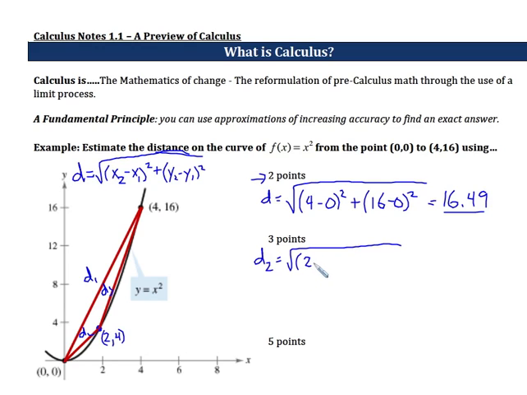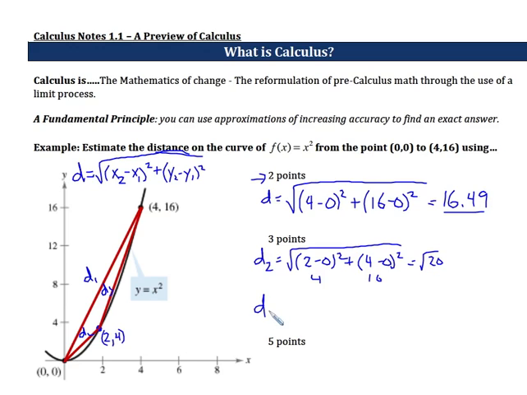We use our same formula: 2 minus 0 squared plus 4 minus 0 squared. When we figure this out, this becomes 4, this becomes 16, so the whole thing is root 20. We'll hold off using our calculator just quite yet.